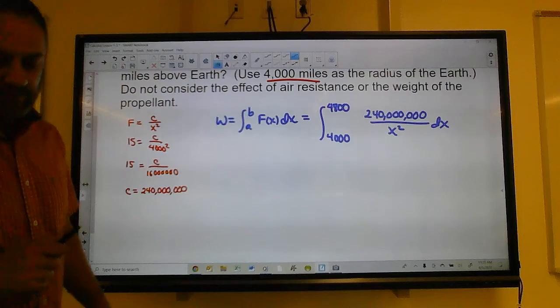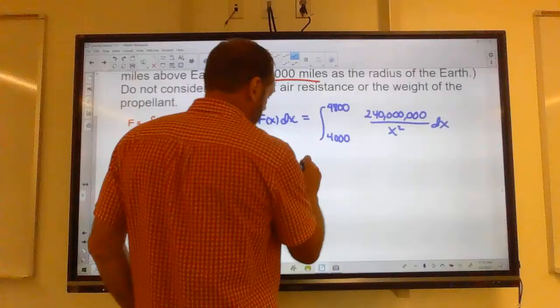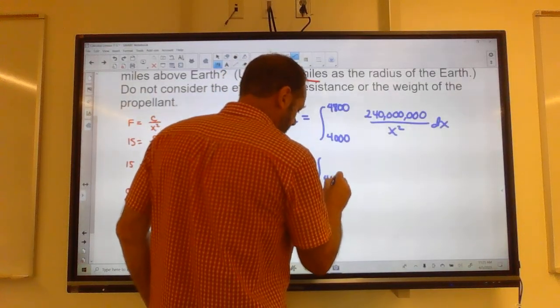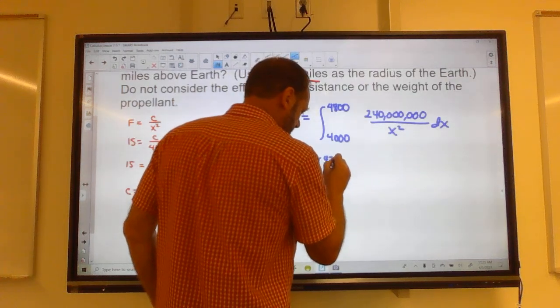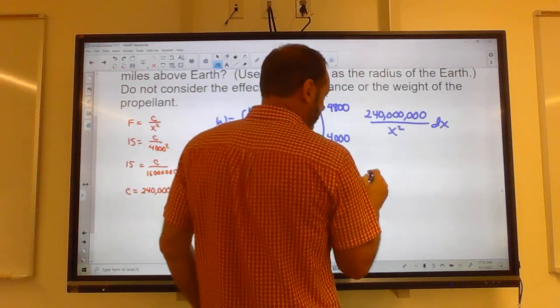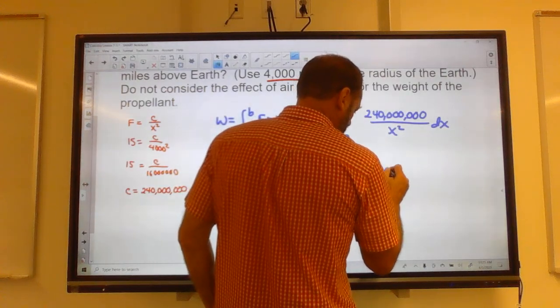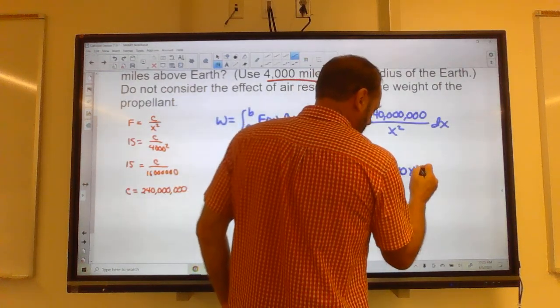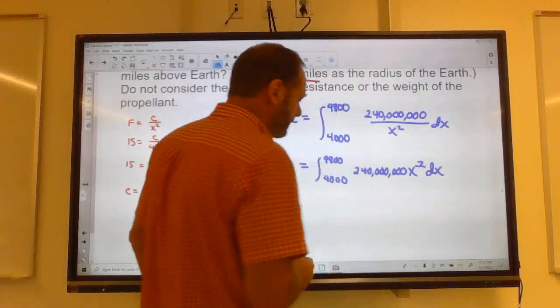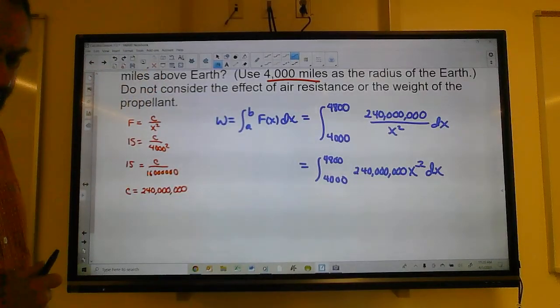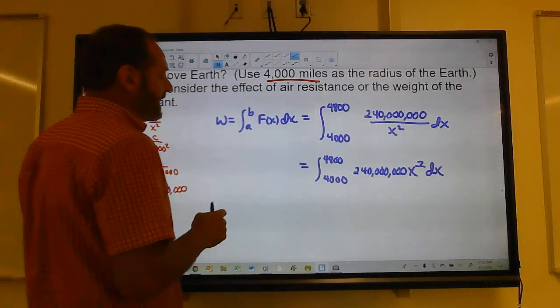Okay, and it would probably be best to rewrite this as 240 million x to the negative 2 dx. Okay, so I'm going to integrate that.